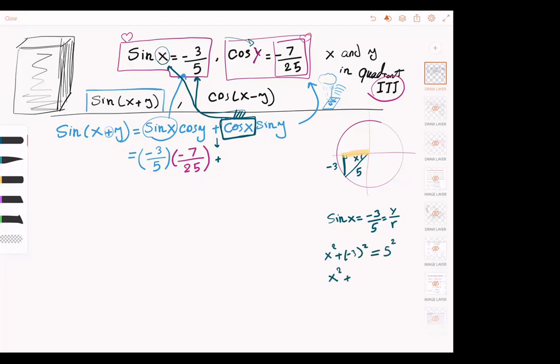X squared plus 9 equal to 25. X squared equal to 25 minus 9 equal to 16. X equal to plus minus root 16, which is plus minus 4. Now Jake will tell us, should we select plus 4 or minus 4?